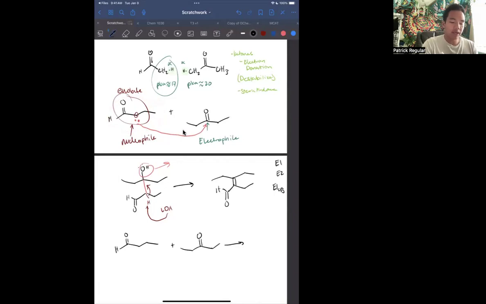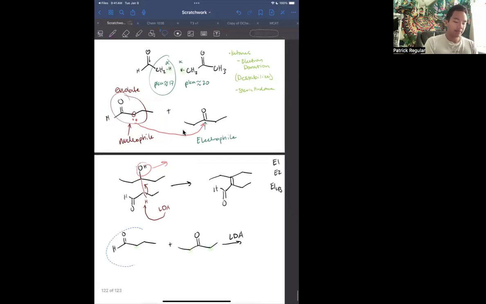If I were to react it with LDA, all I would do is identify which one is more acidic. Out of my alpha hydrogens right here, the one in the aldehyde is going to be more acidic, it's going to be more electrophilic. It's going to plop on right there.